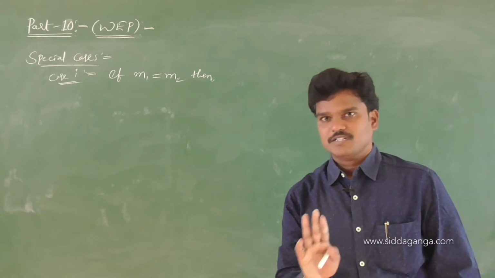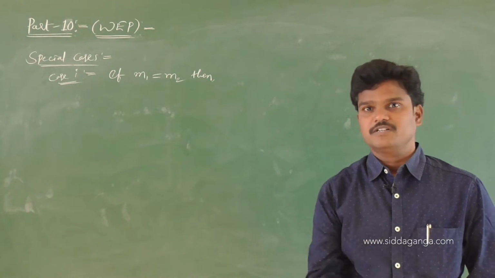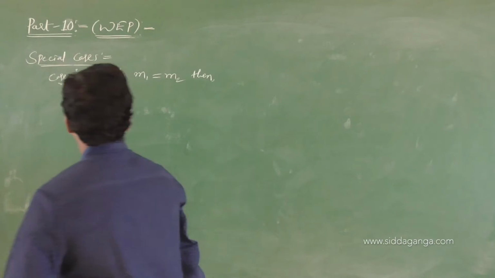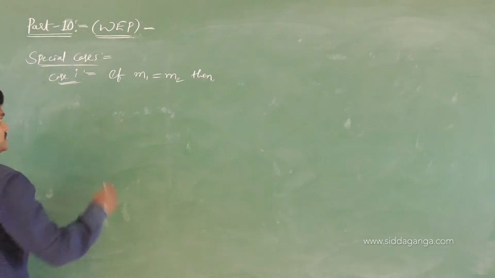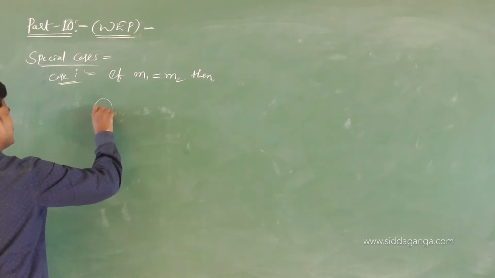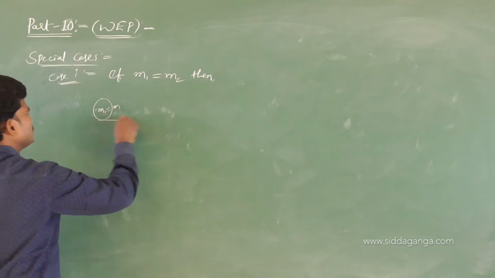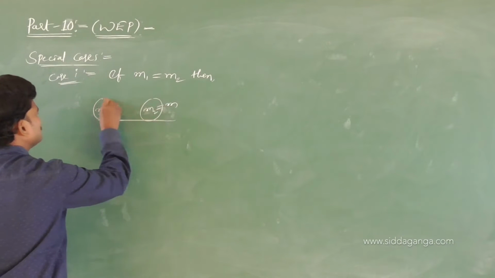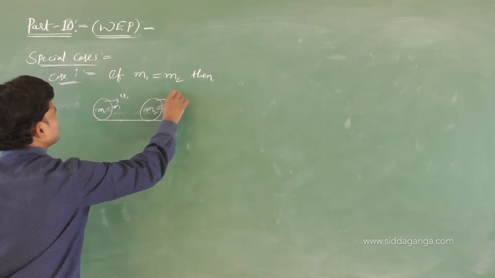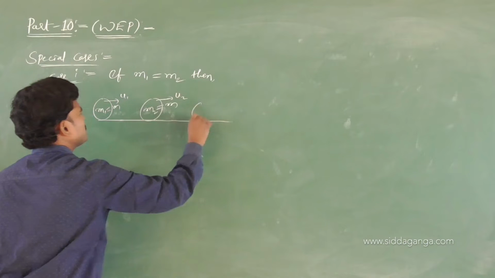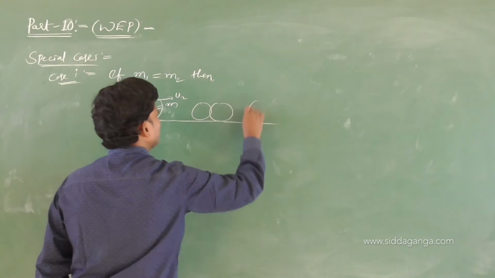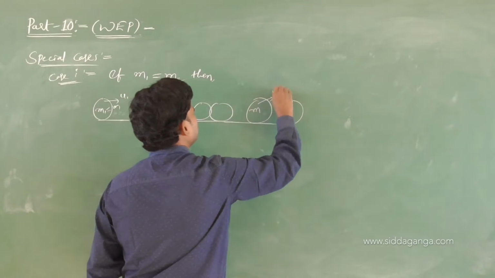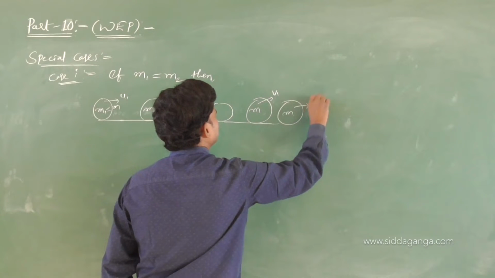Anyhow we are in the elastic collisions only right now. Next we will enter into inelastic with some derivations. Okay, if two particles are having same masses, m1 is equal to m, m2 is equal to m, moves with u1, moves with u2, and after the collision let us see what is v1, what is v2.